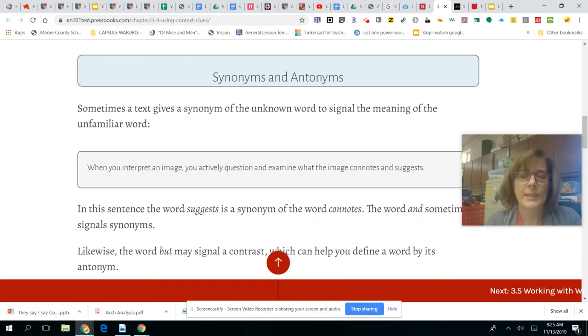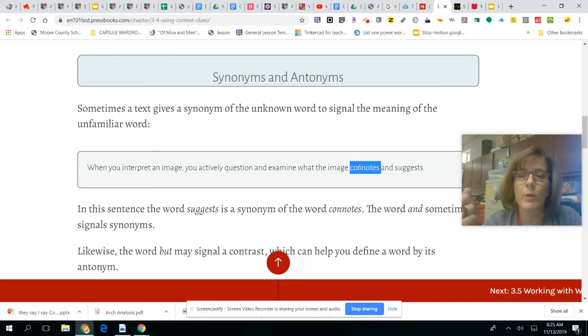Number two, synonyms and antonyms can be really useful when you're decoding an unknown term. Here's your example. When you interpret an image, you actively question and examine what the image connotes and suggests. All right, so your unknown term here is connote. Now, that's actually one of our terms that we need to know for decoding any word.